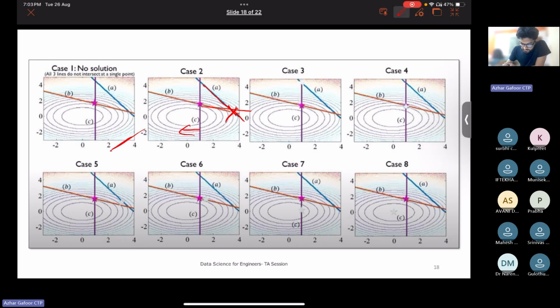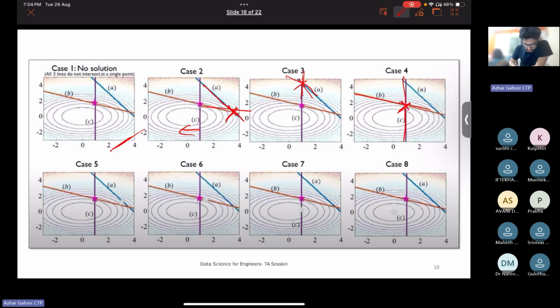In the third case, we found this point, keeping these two as the active constraints, but we got a Lagrange multiplier less than 0. So that is also not an optimal solution. Whereas in the fourth case, when we took these two as the active constraints, we got our optimal solution.